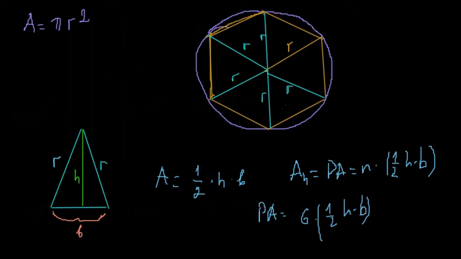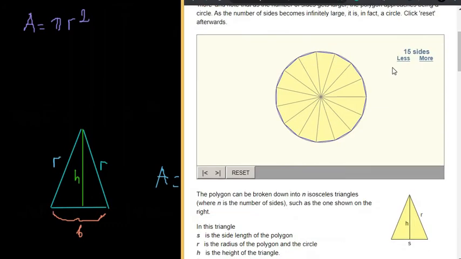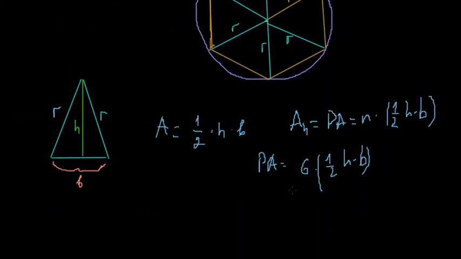But as the number of triangles that make this polygon increases, we can describe the polygon area as n, infinitely many triangles, times 1/2 height times base.